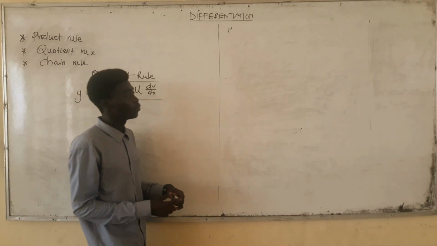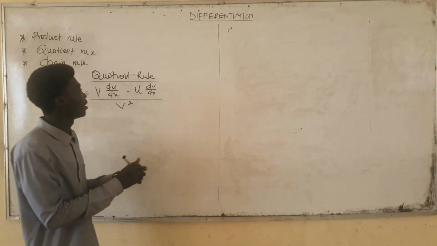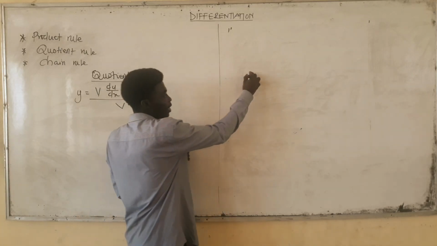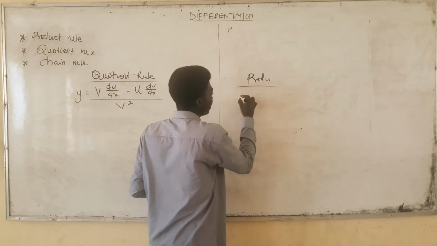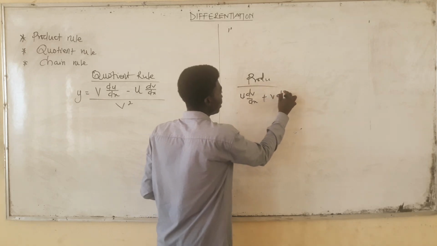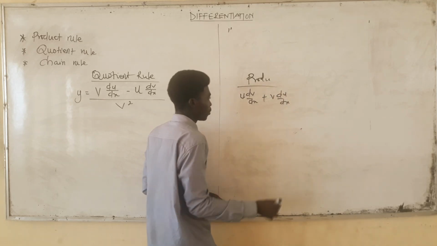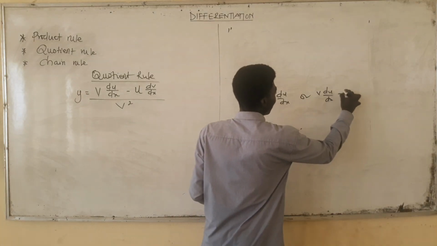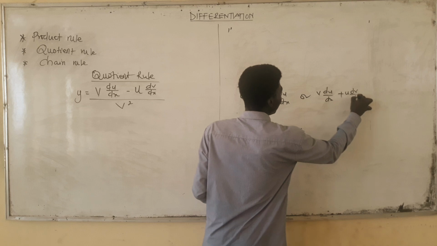Unlike the product rule, because addition is commutative, in the product rule you can write u dv/dx plus v du/dx, or v du/dx plus u dv/dx.